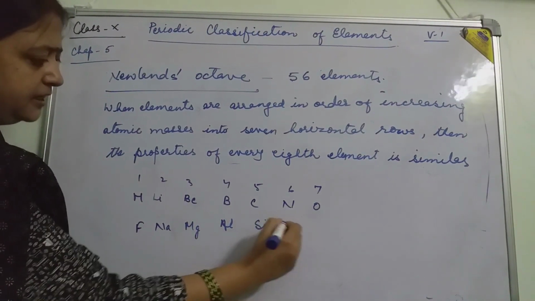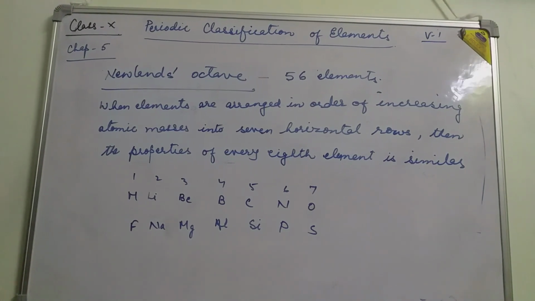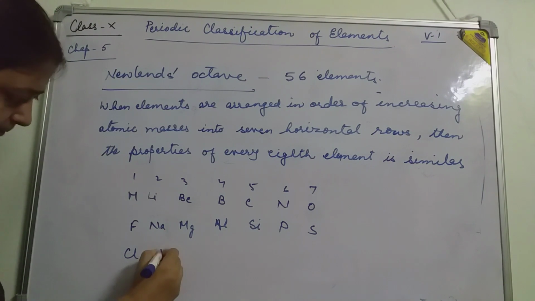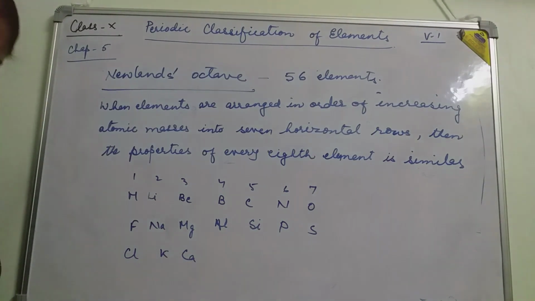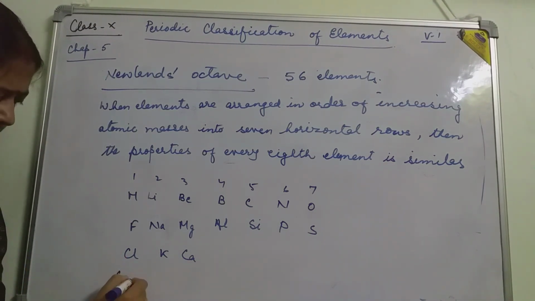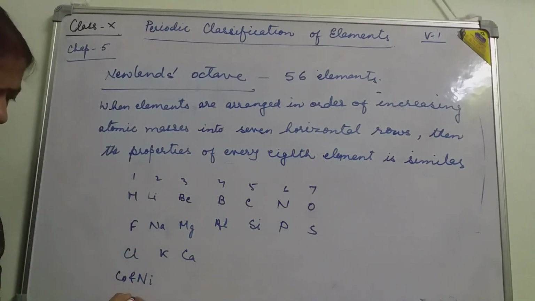Al, Si, P, S, then Cl. In his periodic table, cobalt and nickel are placed with hydrogen, fluorine, chlorine and bromine.